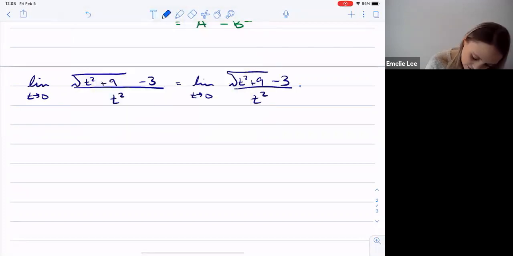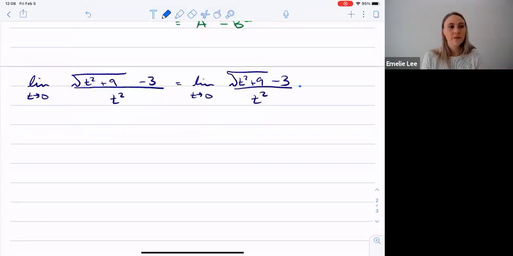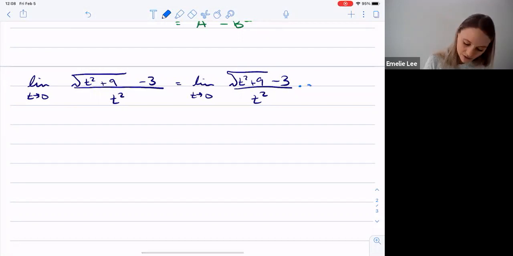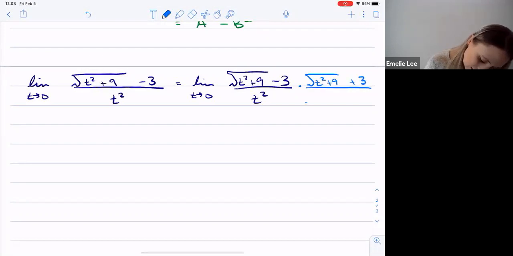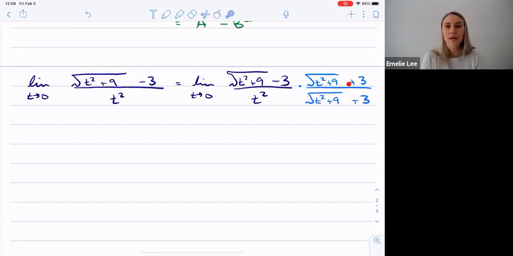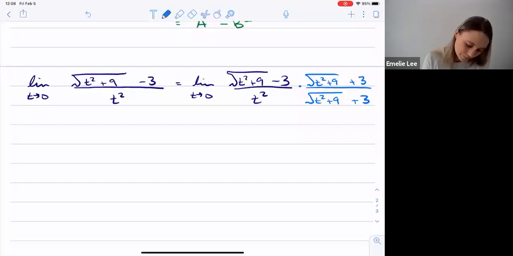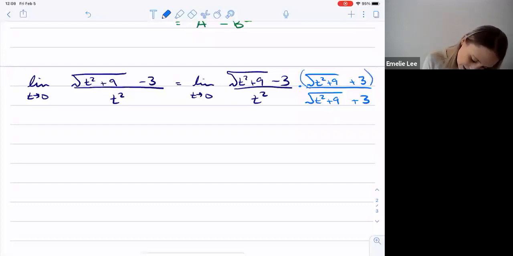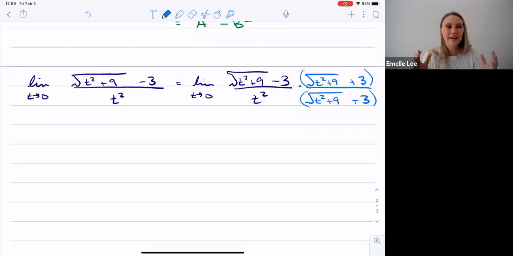And then I'm going to highlight in a different color that when I multiply by the root of t squared plus 9 plus 3, I have to do it over itself so that I'm multiplying by 1. I'm just picking a convenient value of 1. And I'm going to emphasize that this is all one thing by putting brackets around it.